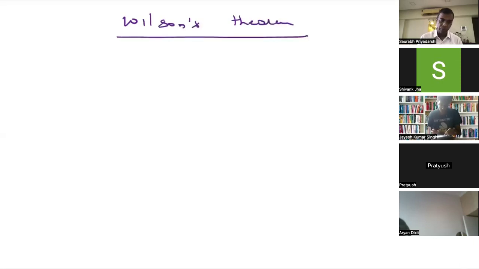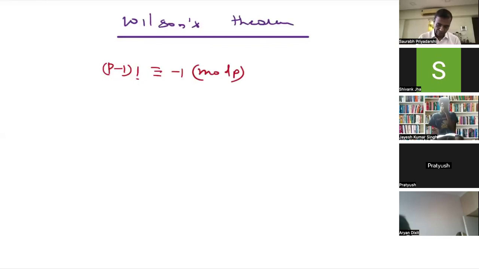The second theorem we have to understand is Wilson's theorem. Directly coming to Wilson's theorem: (p-1)! is congruent to -1 mod p. We have already proved this, where p is prime.